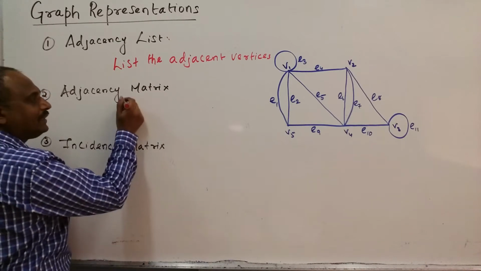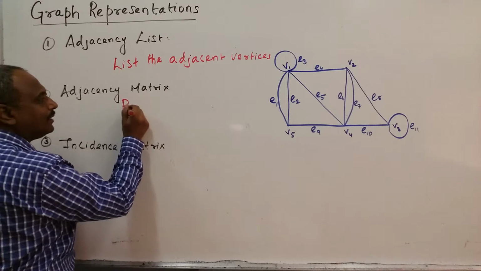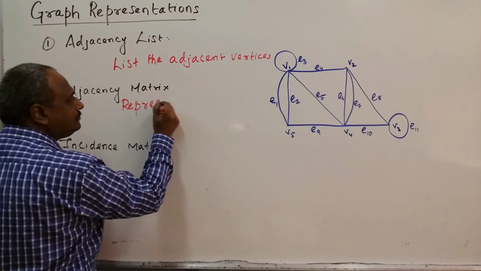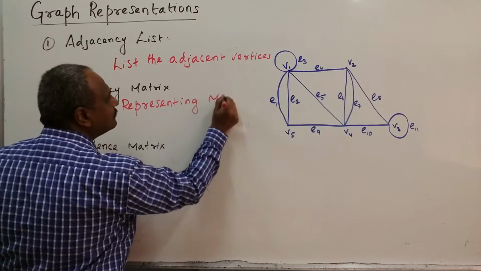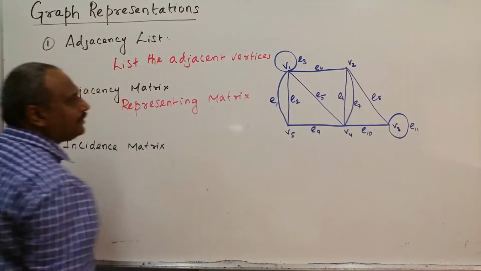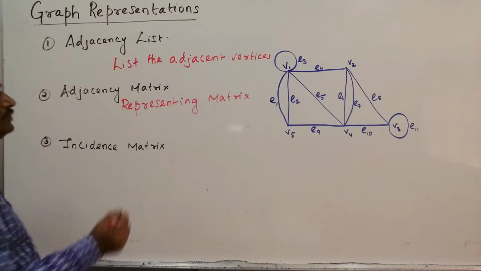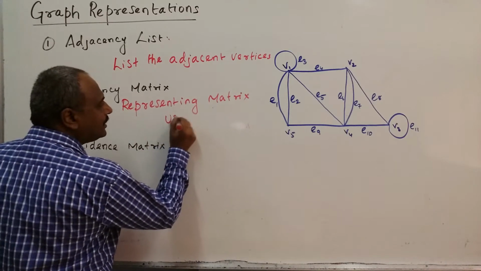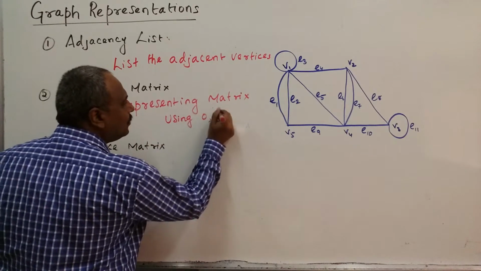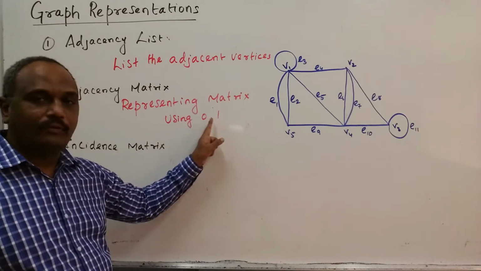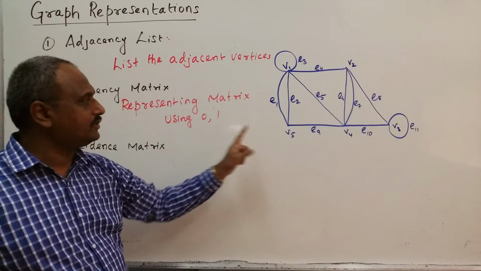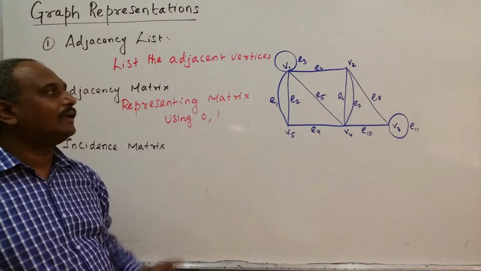When we are representing the same thing in a matrix, we are going to use 0 and 1. If I have one vertex adjacent, I am going to use 1.